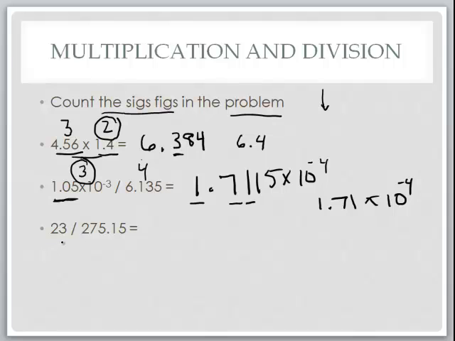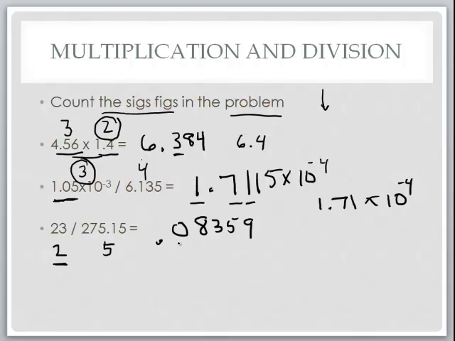Alright, let's take a look at the next one. A division problem. 2 sig figs, 5 sig figs. Put the number into the calculator and we get 0.08359, etc. So our answer is going to have 2 sig figs, so counting left to right.